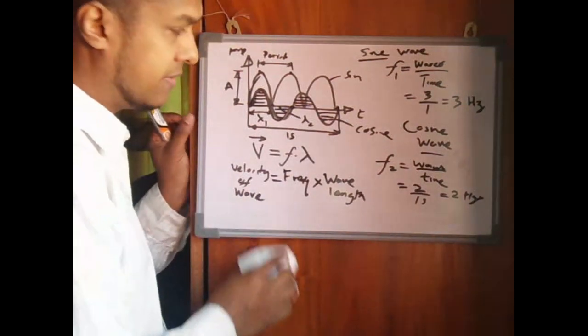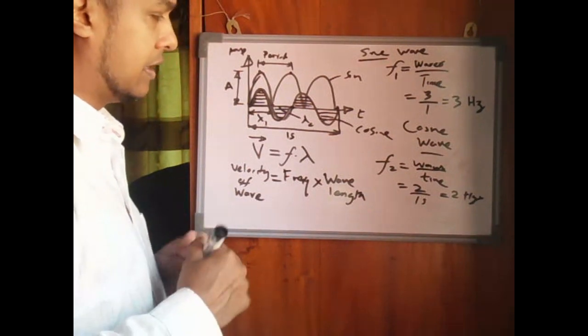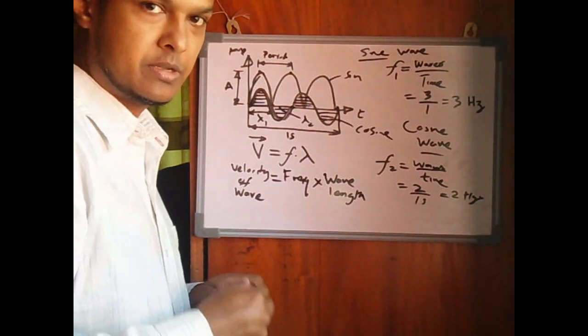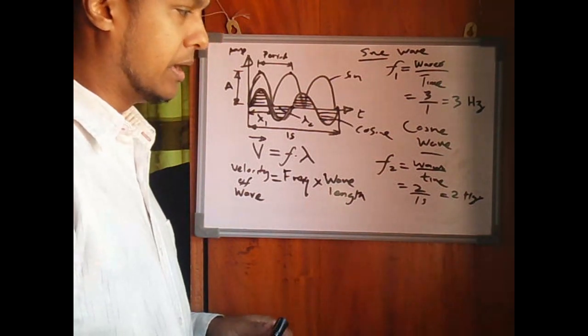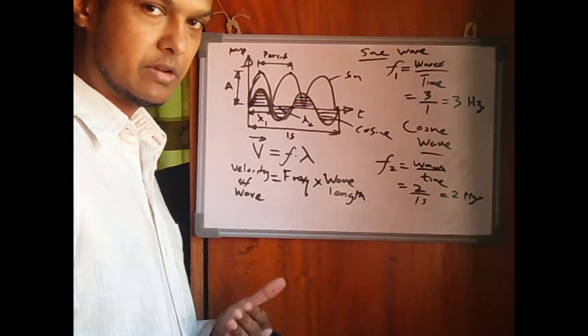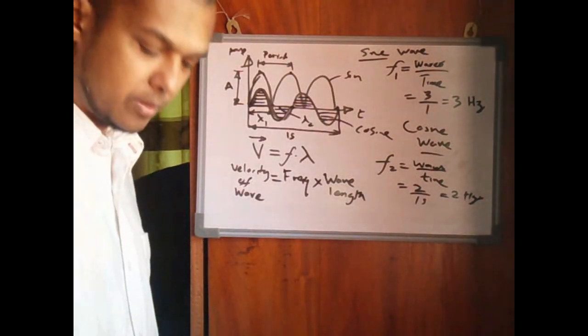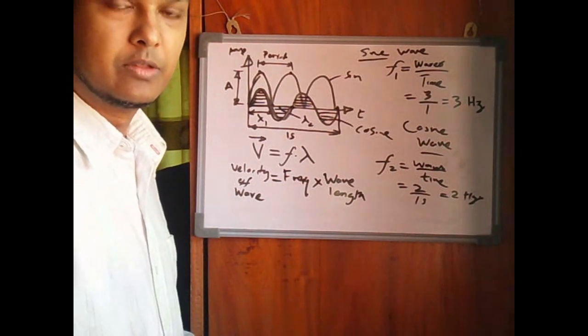That's basically what a wave is in general terms. In next topics, we will learn about different types of waves in physics, and I look forward to seeing you there.